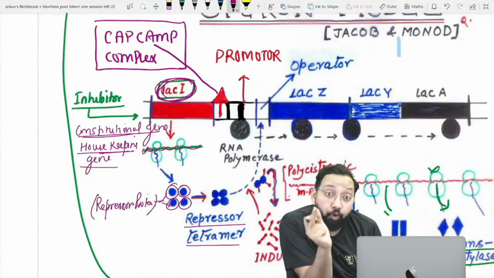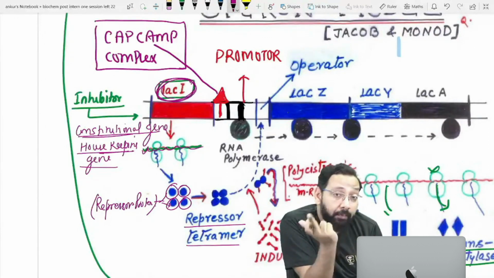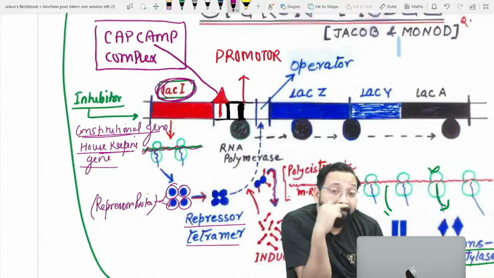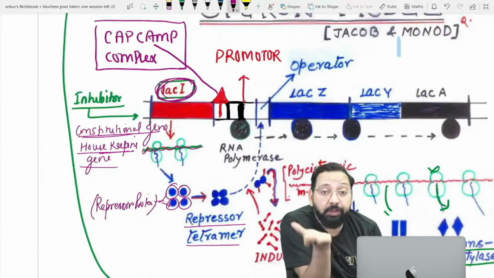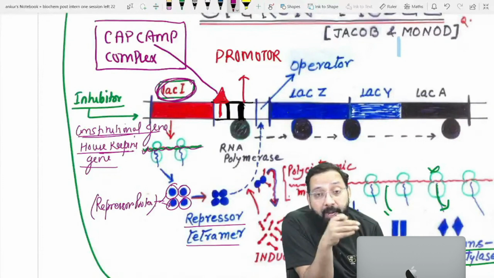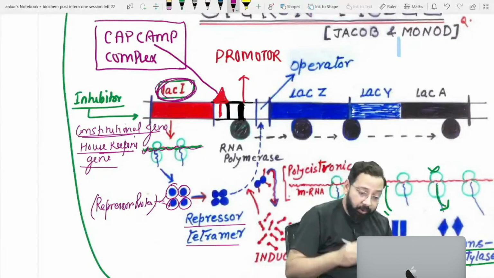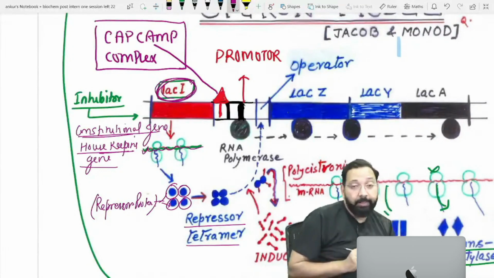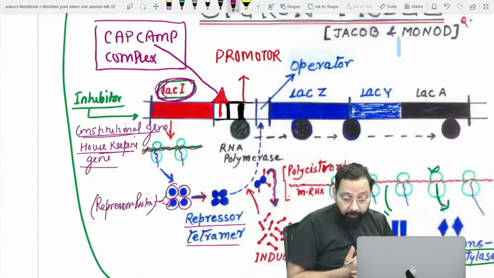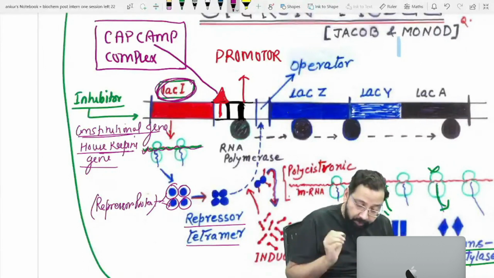But glucokinase in liver and pancreas is required when blood glucose is increased, and that's why they are inducible genes. So there are two types: housekeeping genes and inducible genes.